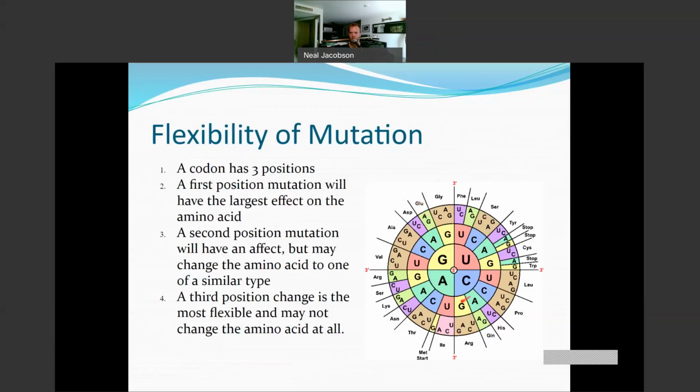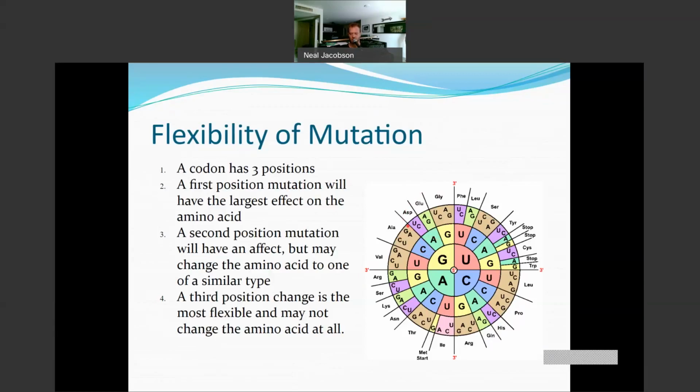Now, one of the things that's not pictured here in this image, and this is where I was getting stuck on the second position, is that all of these amino acids are going to have functional groups that are either nonpolar, polar, acidic, or basic. Oftentimes, if there's a mutation in the second position, the amino acid that it changes to is of a similar type.